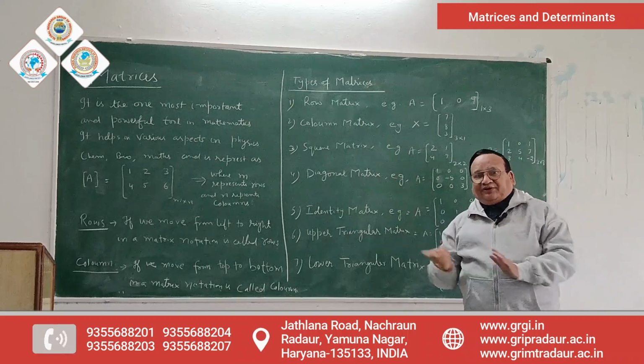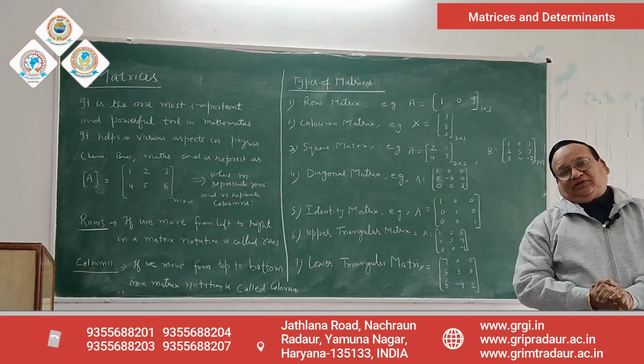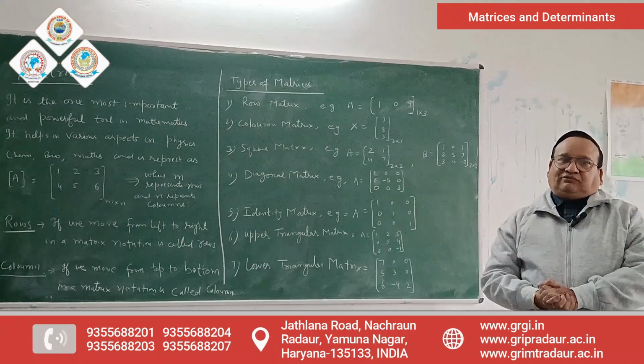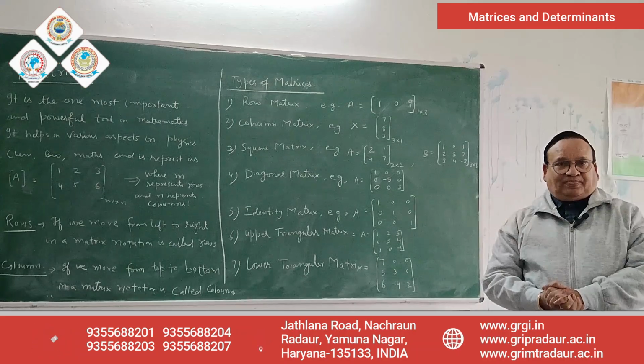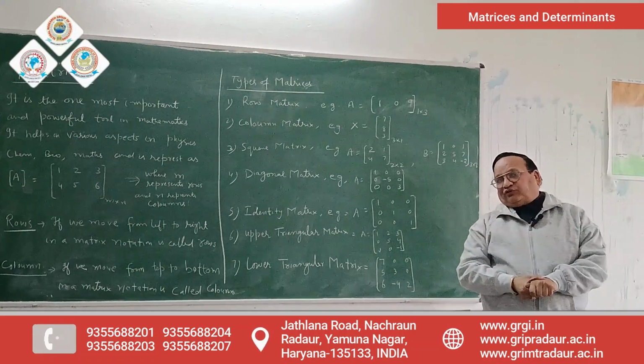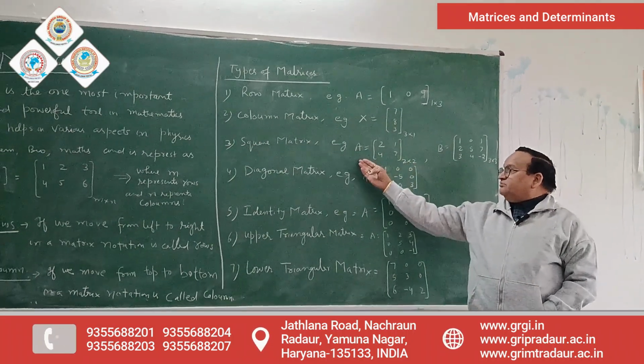Similarly, the square matrix. In mathematics, a square is defined as having all sides equal. But in the language of matrices, if the number of rows and number of columns are equal, it is a square matrix. Let us see an example.